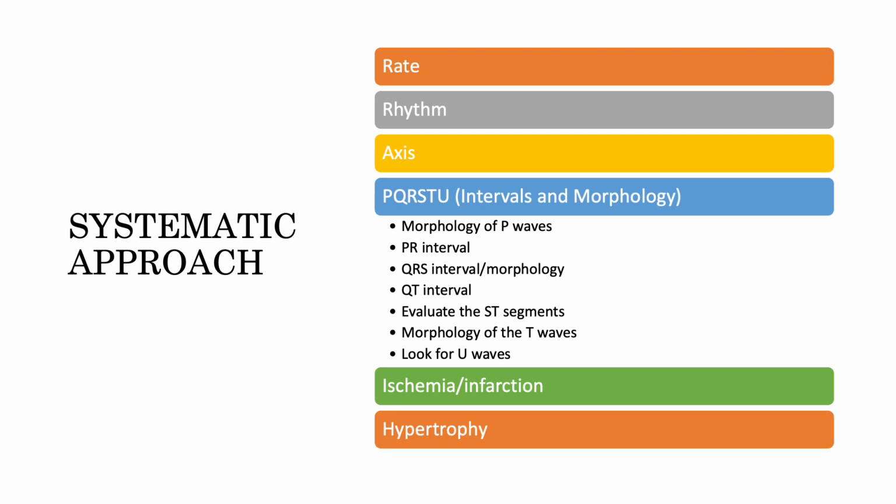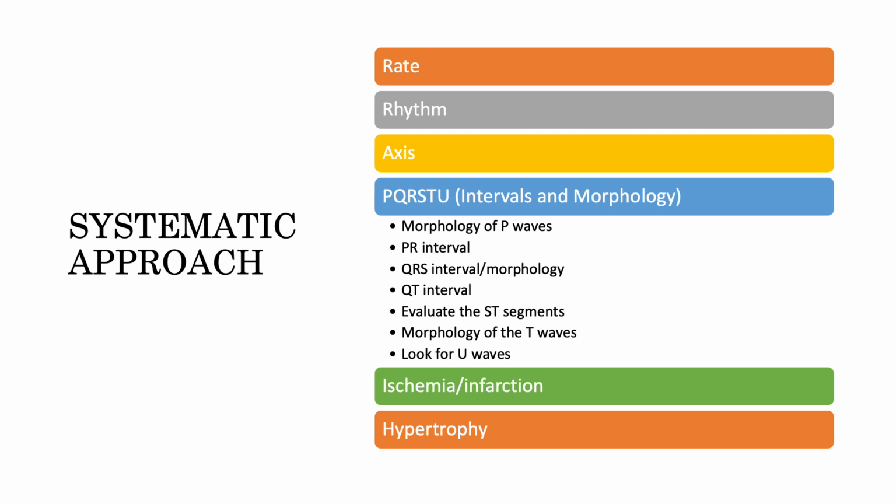Okay, so moving on, when we start looking at the other things that we look at for intervals and morphology. So morphology of P waves, we have talked about that already when we talked about rhythm as well as rate in parts 1 and 2. We've discussed the PR interval, we've discussed the QRS interval.